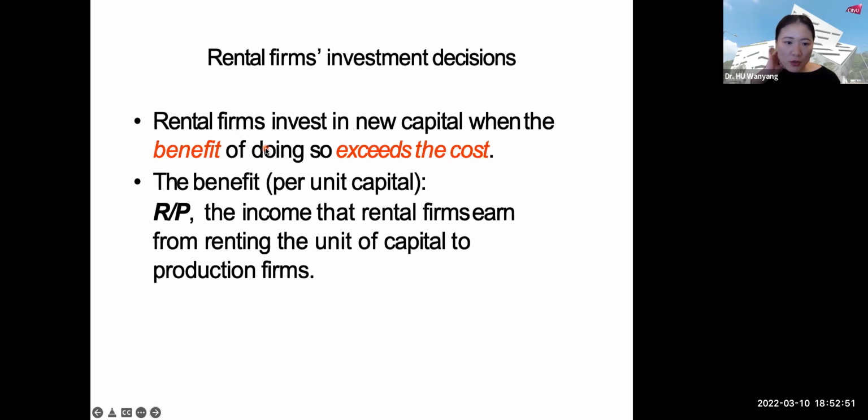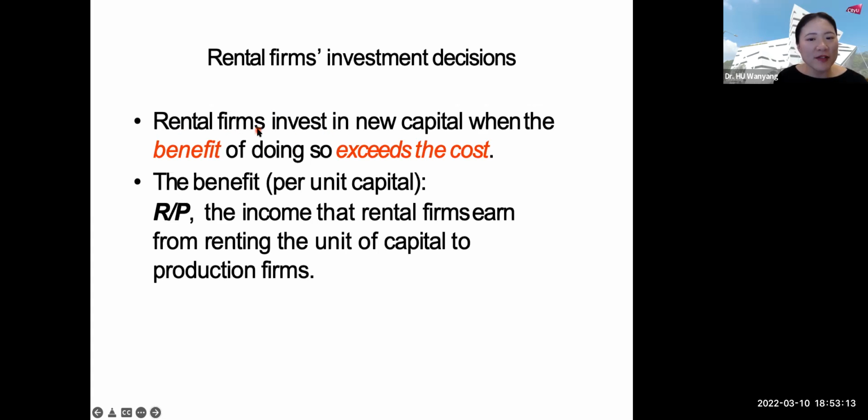All right, so next we are going to look at how the rental firm will decide whether to invest in new capital. I think the intuition is very simple.